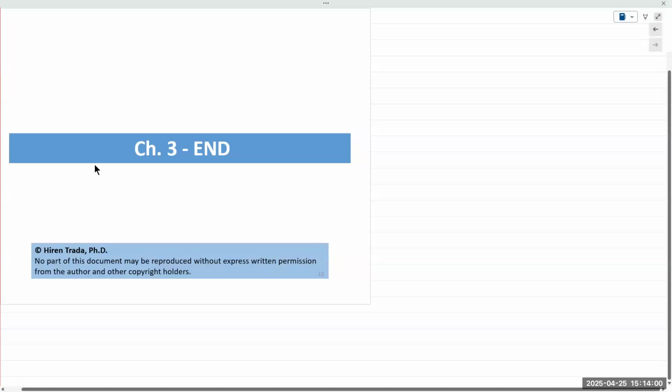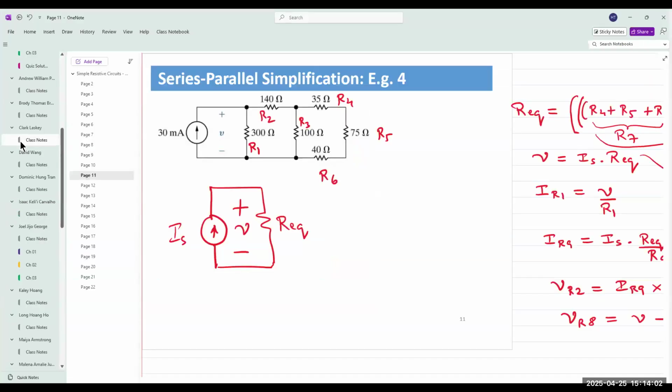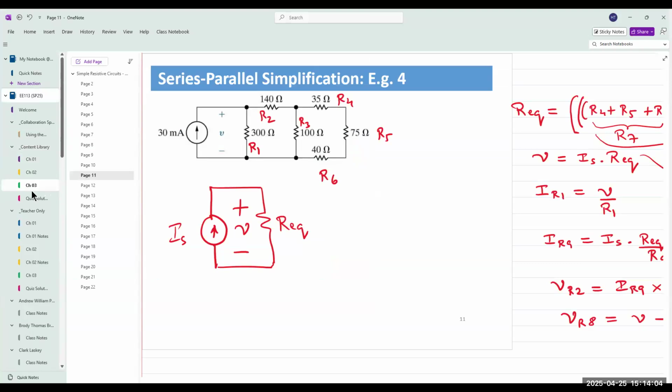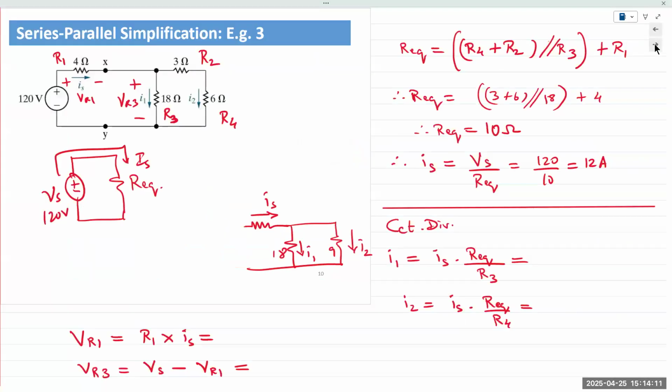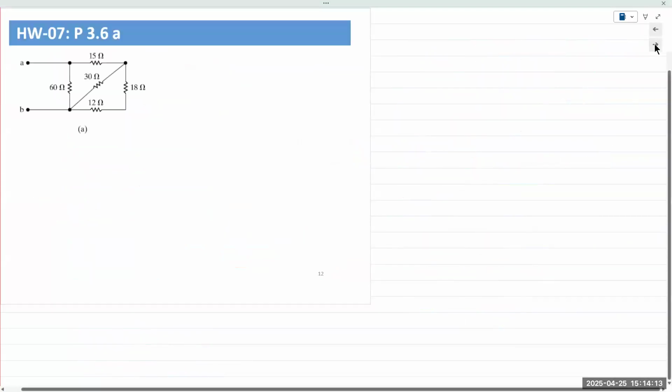We need to go to page number 11. Okay, we stopped here last class, in the parallel series simplification, for example 4. All right. So homework 7.